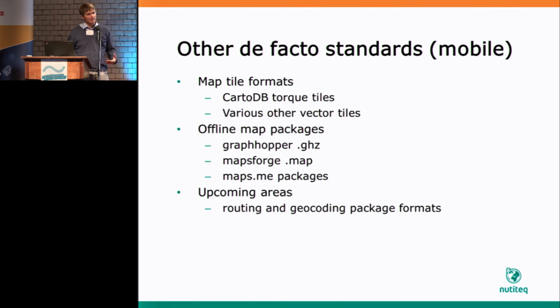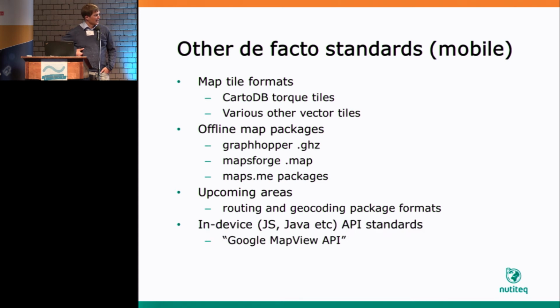And there are some upcoming areas. Geocoding and routing is not something very common in offline world, and new package formats will be created there probably in addition to these previous project-specific ones. Then there are also in-device APIs.